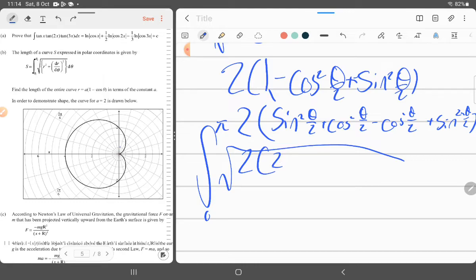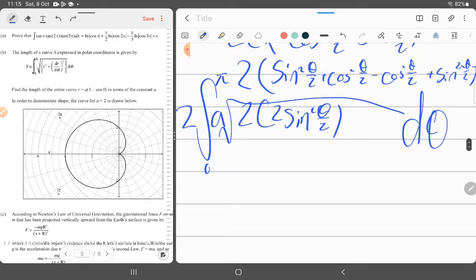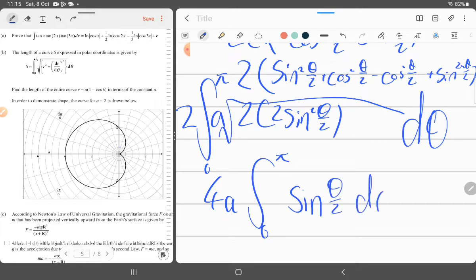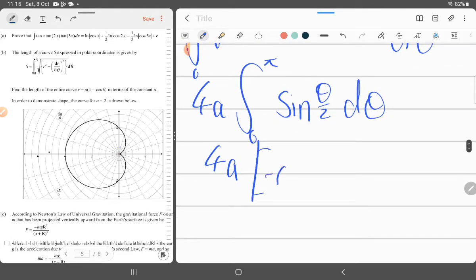There's an a here, the 2 here, so 2 sine squared theta over 2, square root of that, and then we differentiate this with respect to theta, so 4a integral from pi to 0 of sine theta over 2 d theta, then 4a times negative 2 cosine theta over 2 from pi to 0.